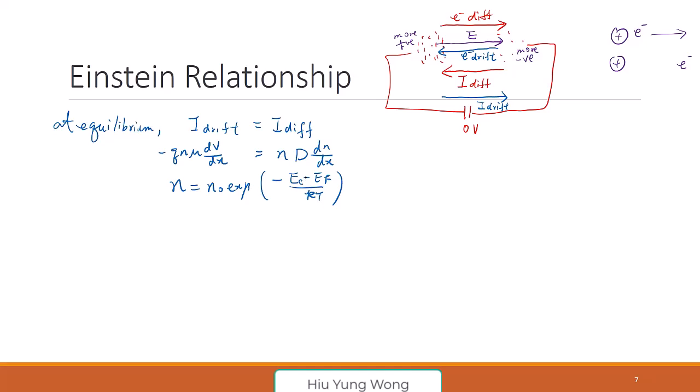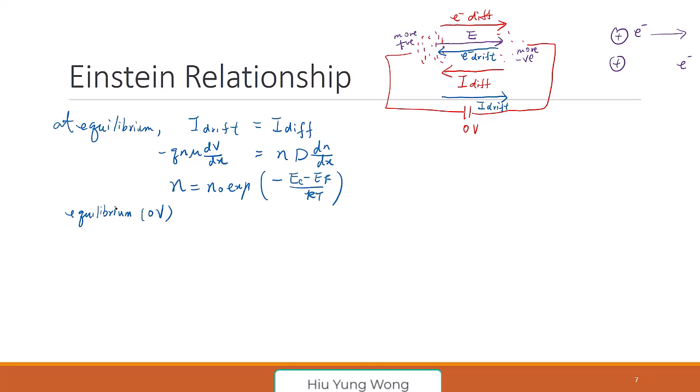Okay? Now, because it's equilibrium, do you remember when I say equilibrium, zero voltage? What happened to the Fermi level? Is it constant or is it changing? This is something I want you to memorize. When it's zero bias, what happened to the Fermi level?